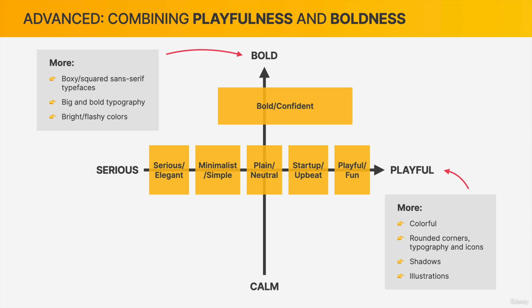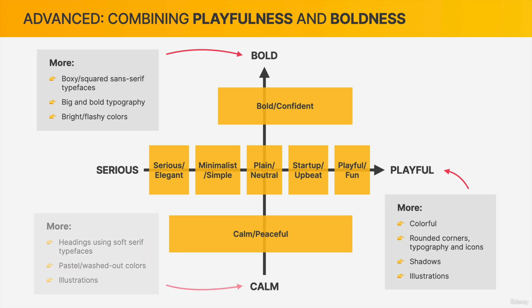And the boldest personality is, of course, the bold and confident personality. Then, on the other end of the spectrum, we have, of course, the calm and peaceful personality. And as we also learned, the calmer the design is, the more the headings use soft serif typefaces and washed out colors and illustrations.